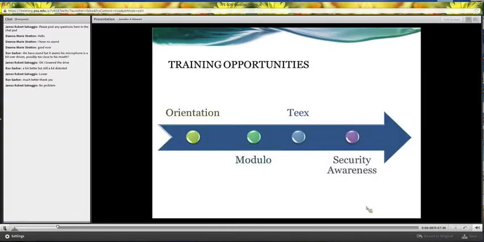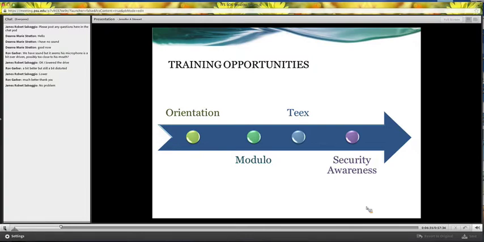So some of the training opportunities, we're going to have several opportunities for training, both for data categorization and also for security awareness. Orientation will be for before the liaisons, and this is really where we'll go over stuff specific to data categorization, kind of the role of the liaison, how they'll perform it.